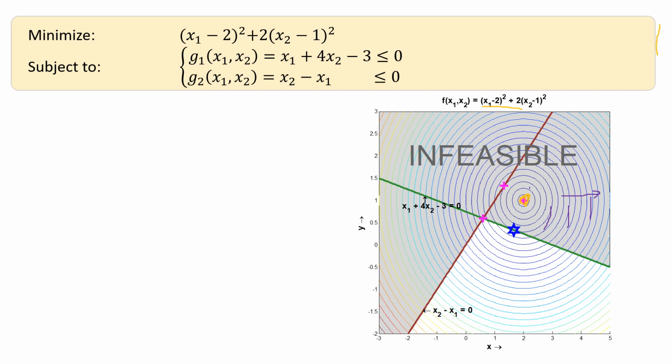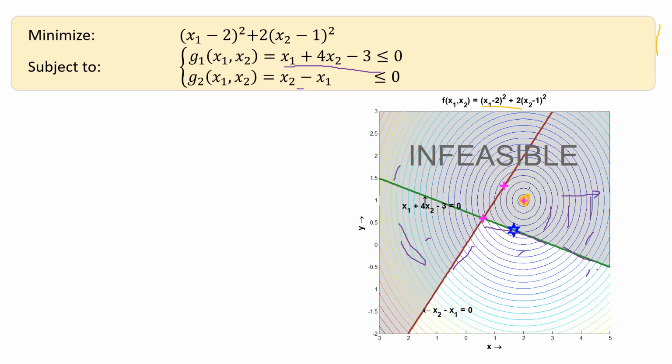This green line here represents g1 equals 0. This is g1, x1 plus 4x2 minus 3 equals 0. And on this side, it's infeasible. So the bottom left side of this green line is feasible. And this brown line corresponds to x2 minus x1 equals 0.